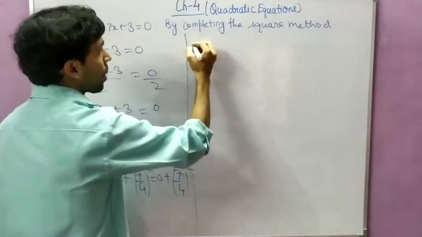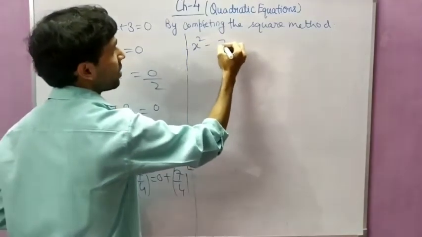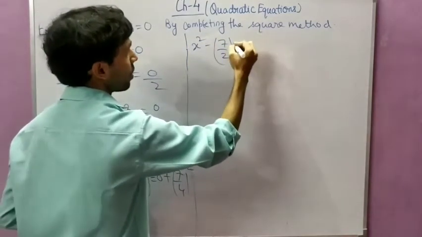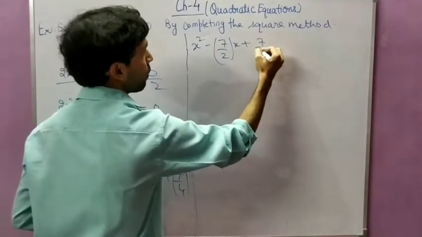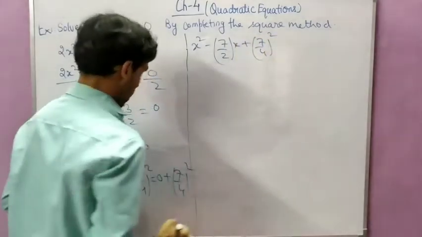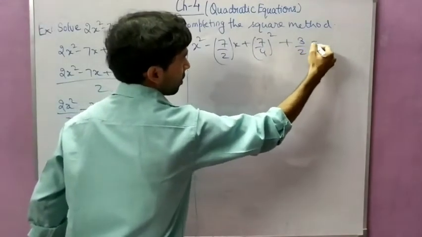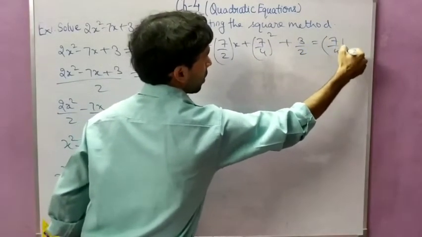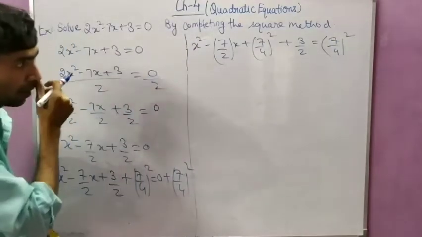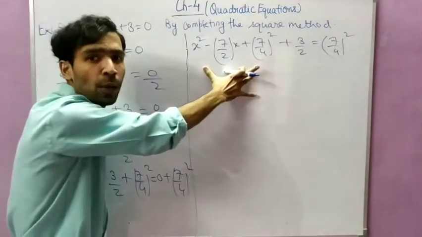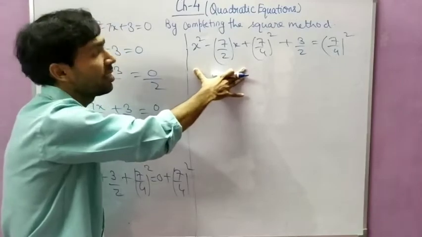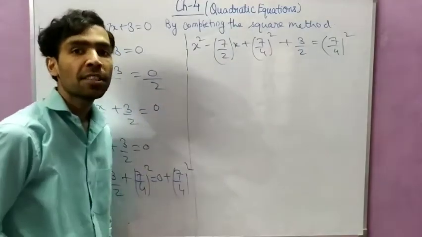So first x square, then 7 by 2x, then 7 by 4 square, and this 3 by 2 here is equal to 7 by 4 square. Now, this is a formula, and which formula is it? It is the expansion of a minus b whole square.